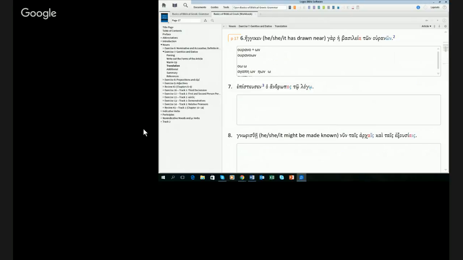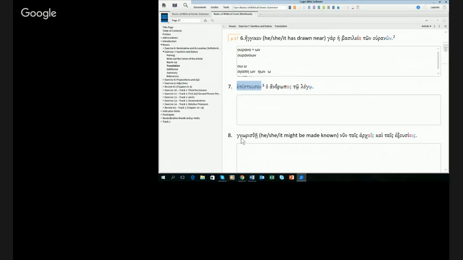Now, what's interesting here is that some verbs, and pistuo for I believe is one of them, take their direct object in the dative case, some verbs take their direct object in the genitive case. The vast majority take their direct object in the accusative case. Epistusen frequently takes a dative as its direct object.